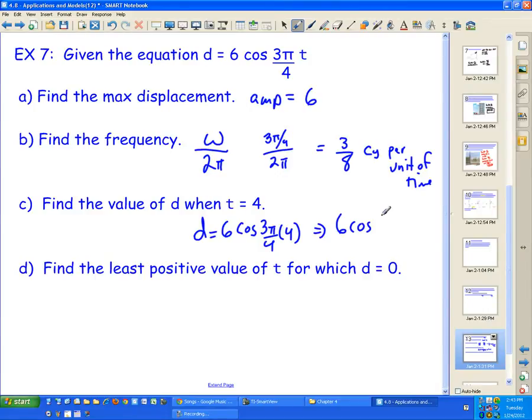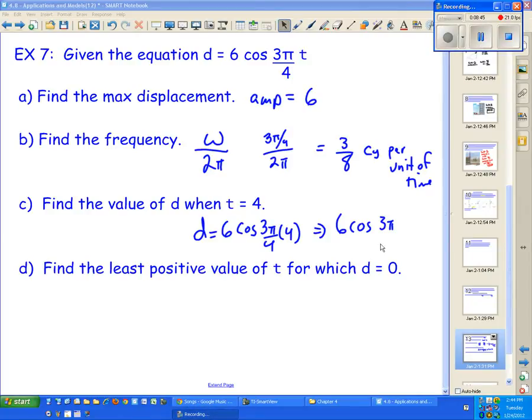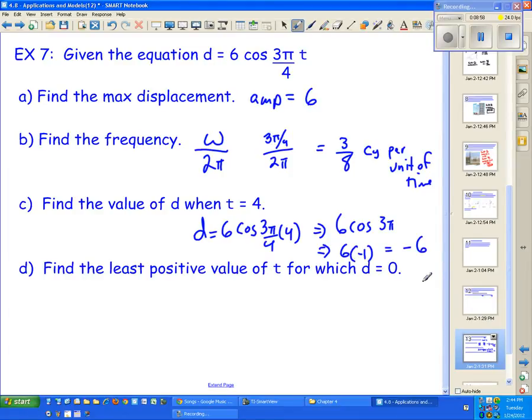When we crunch this number, we end up with 6 times the cosine of 3 pi, which is the same as pi on the unit circle, so that is -1, which means my d value is -6 in this case. So at time 4, it looks like we're at the bottom of the spring that has been coiled down.